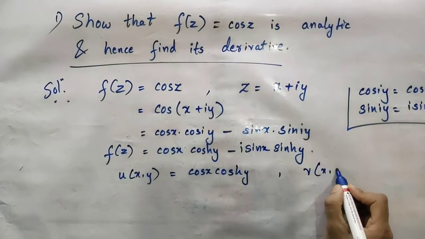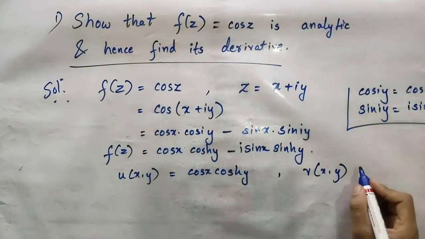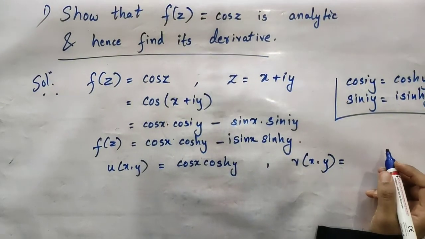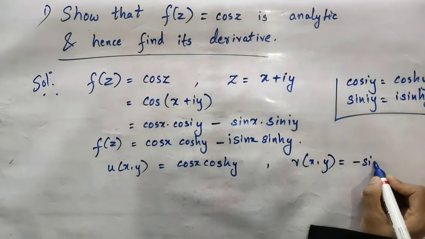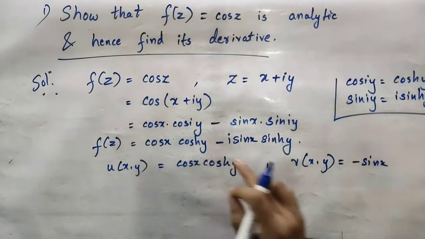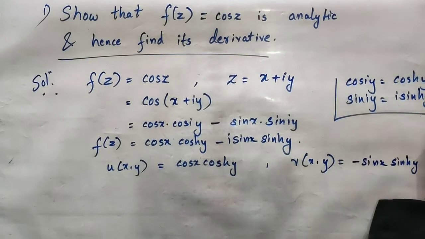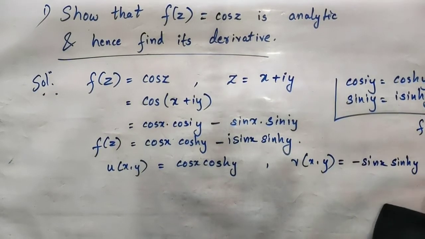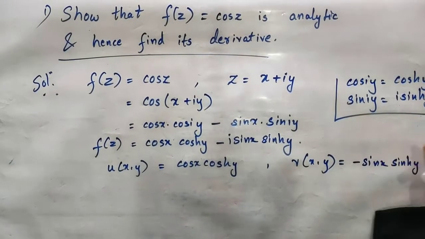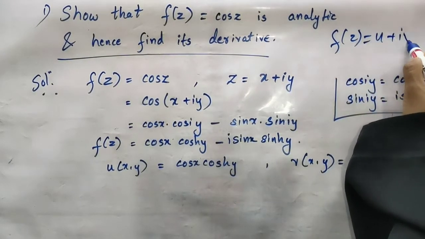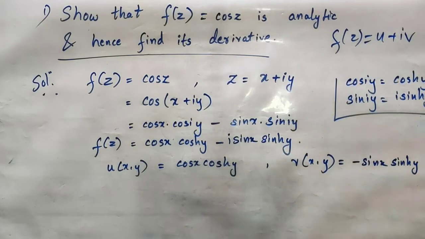Similarly, the imaginary part, which we denote by v of x y, is the part accompanied with i. So it is minus sin x sin hyperbolic y. Please note that there is a minus sign. Normally you write f of z as u plus iv, so we have to take v with a negative sign. That should be clear.